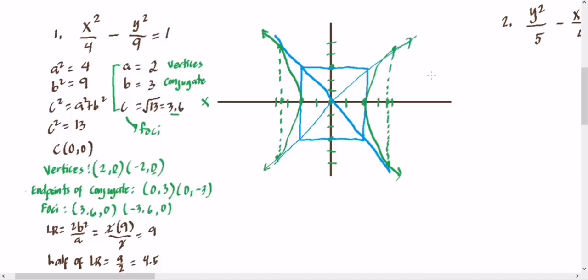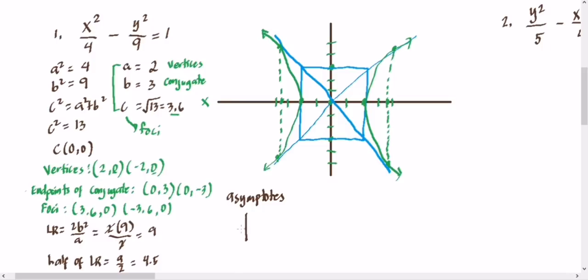Okay? Ngayon, ang tawag dito sa line na to, itong mga diagonal lines na yan, ay asymptotes. So, meron tayong formula para sa asymptotes. Depende sa itsura ng graph natin.